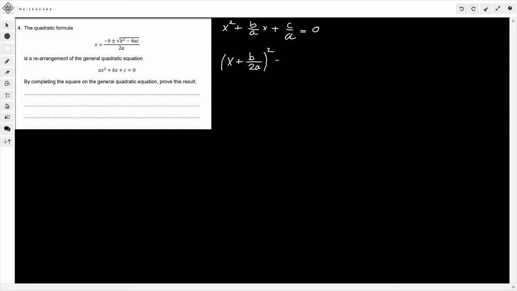So this is going to be minus b squared over, so if you square 2a, 2a times 2a would be 4a squared. And remember, we always add on what we had originally. So we had originally c divided by a. So we add on c divided by a, like so. And this is still equal to 0 at this point. So hopefully that's okay so far.